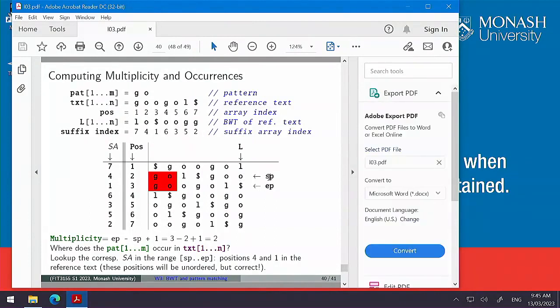The pointers are pointing to positions 2 and 3. If you look at the suffix array, 4 and 1, there's a GO, and 1, there's a GO. All you need is the last column. You're essentially driving the whole thing with these two pointers. All this is for your understanding of the correctness of how the algorithm works, but you never have to construct that.